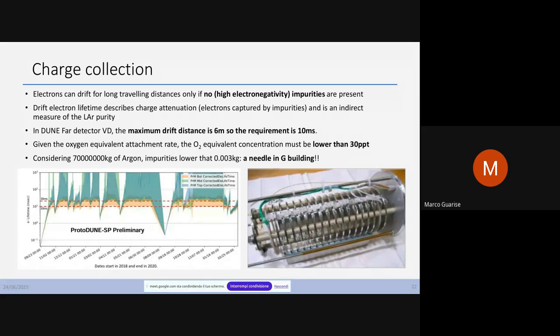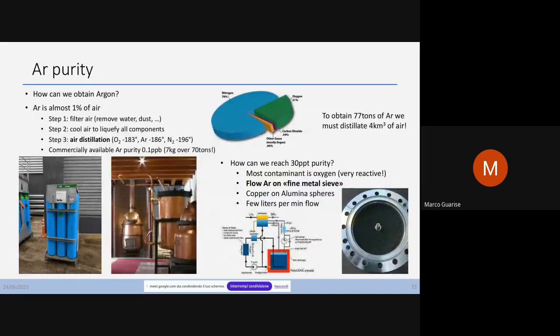This is important because it means that the oxygen equivalent concentration must be lower than 30 ppt, so 30 parts per trillion. And if you do this simple calculation, this means that you need less than a needle in the G building of impurities. So it's a very small amount of impurities that we can tolerate within the far detector.